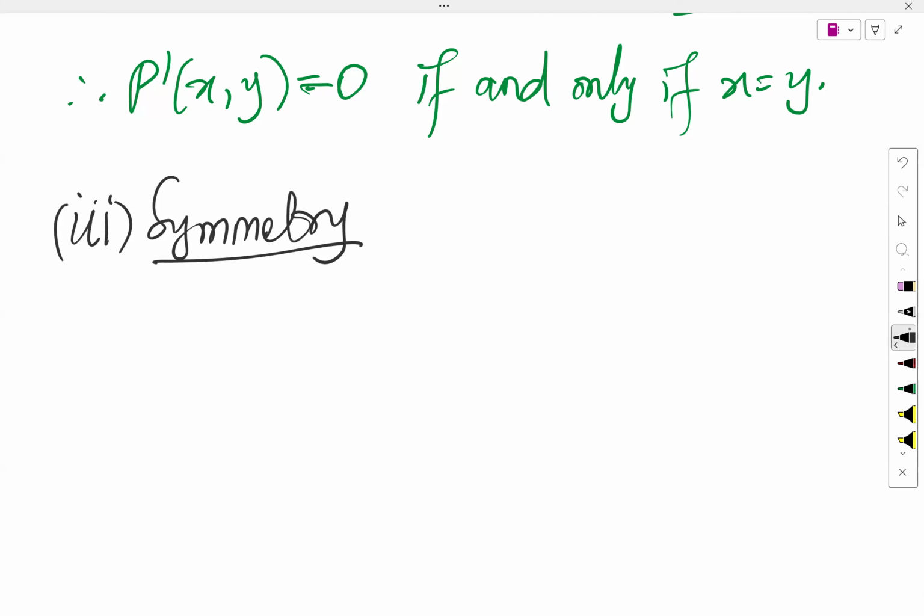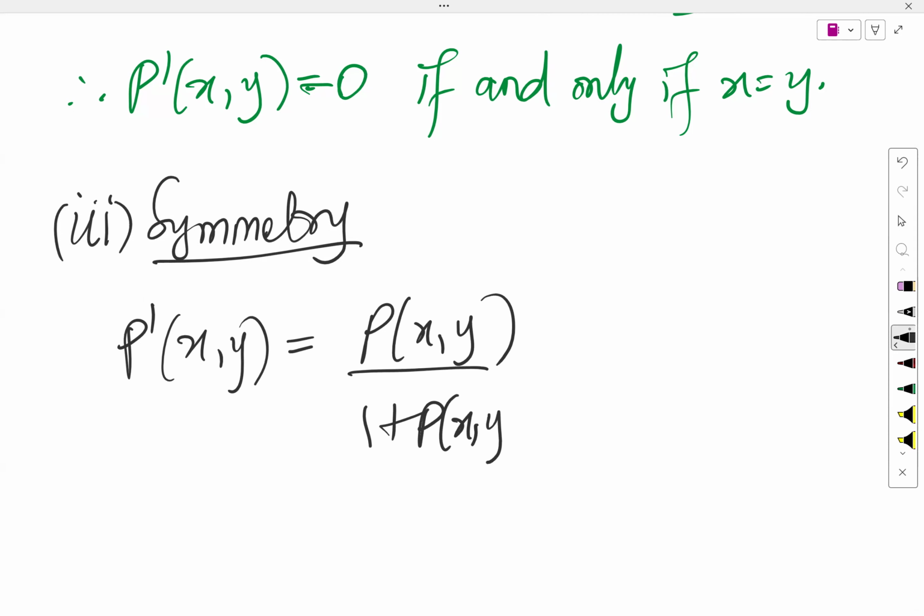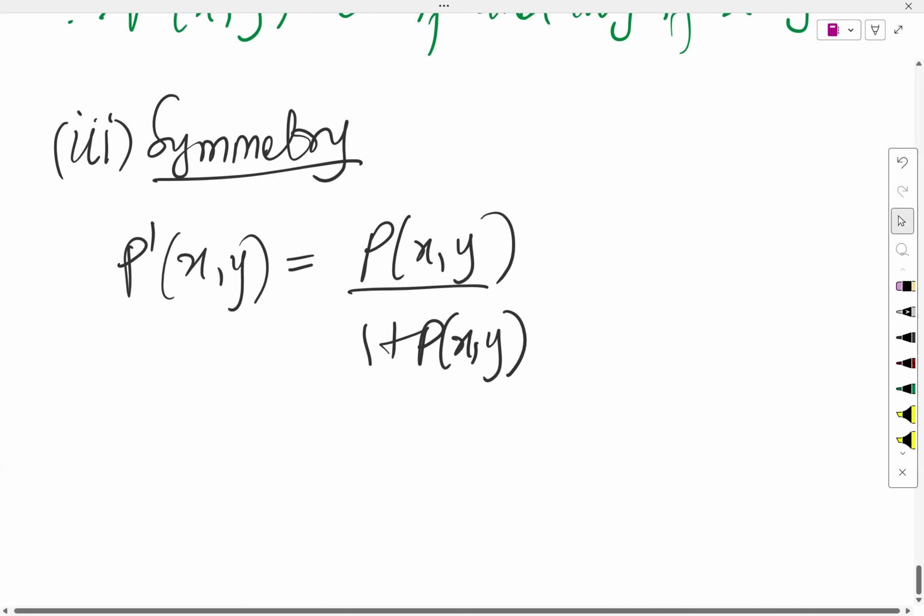So we already see that P prime of x comma y is equal to P of x comma y all over 1 plus P of x comma y. All right? That is what we have.